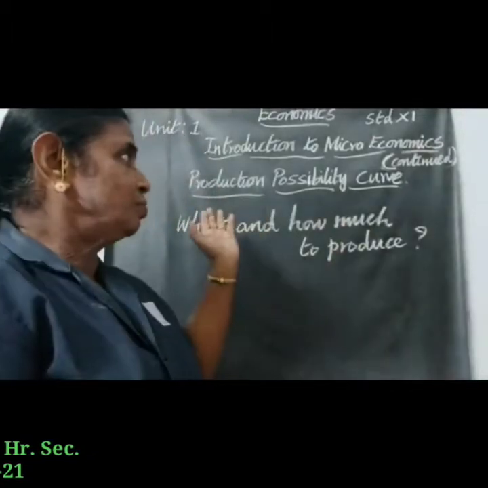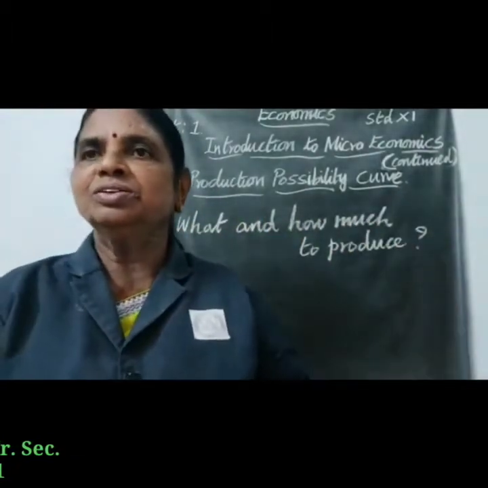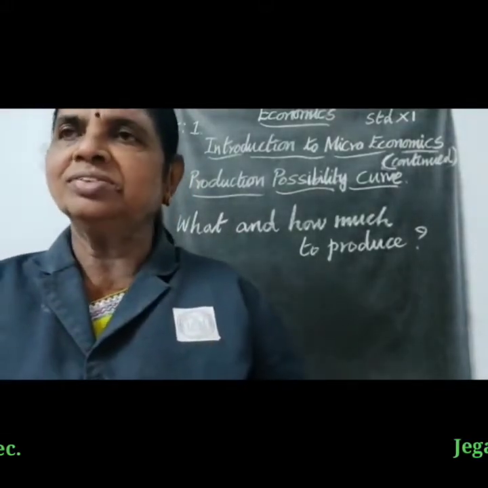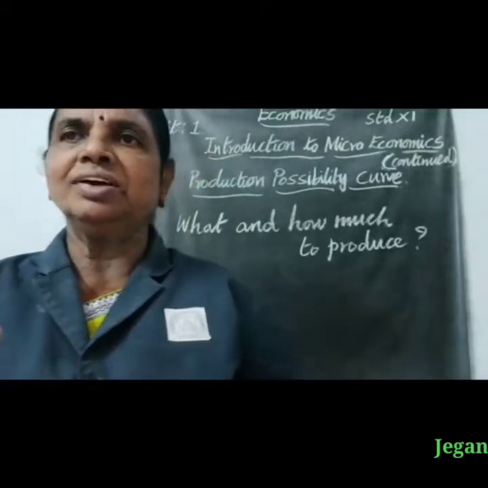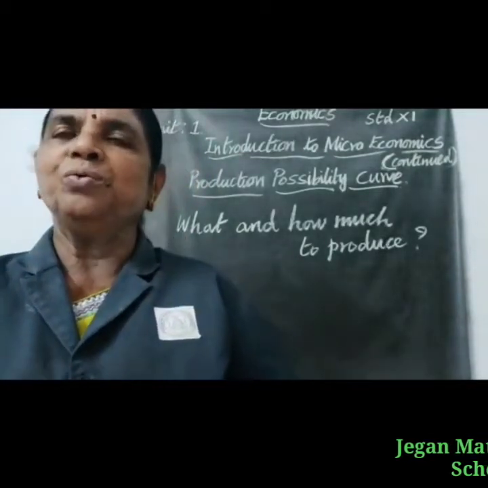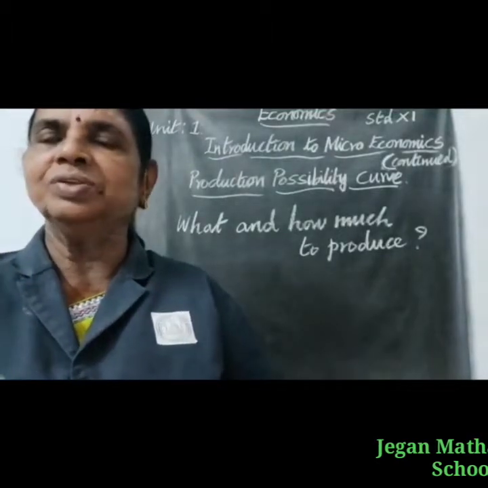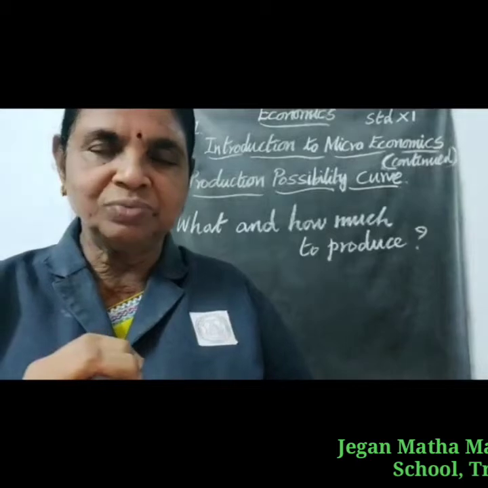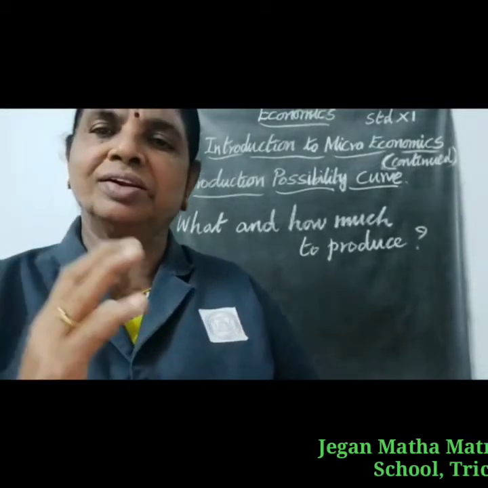So production possibility curve shows the menu of choice along which a society can choose to substitute one good for another, assuming a given state of technology and given total resources.